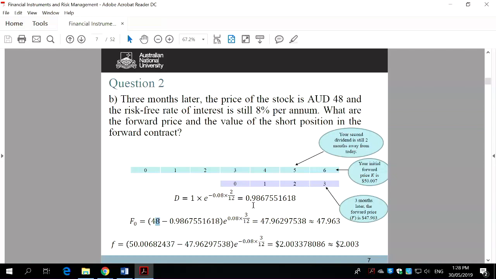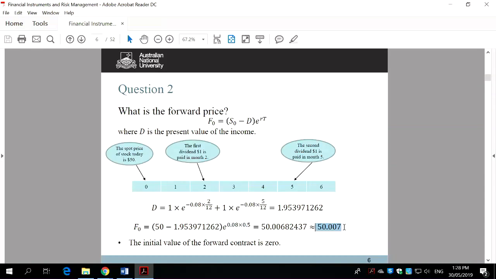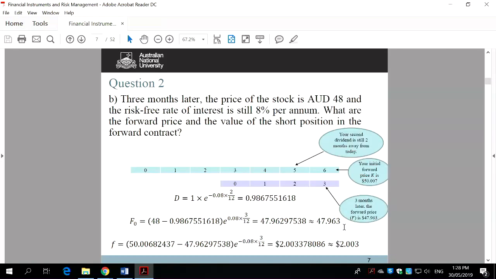Okay? Then we need to determine what's the value of this forward contract. So remember, you're locking to sell at a higher price, right? So 3 months earlier, you're locking to sell at $50. So if somebody else wants to enter into that forward contract 3 months later, they're locking to sell at a much lower price, $47.96. So obviously, holding a contract allows you to sell at a higher price, which gives you positive value, right?